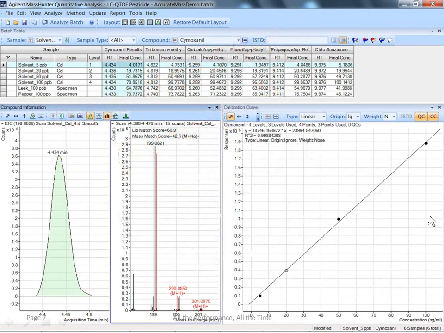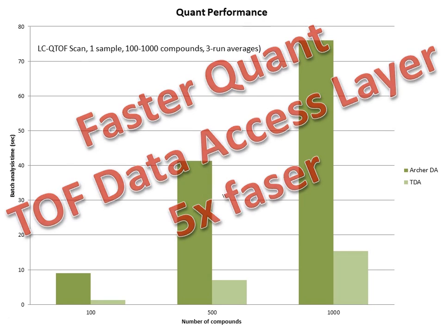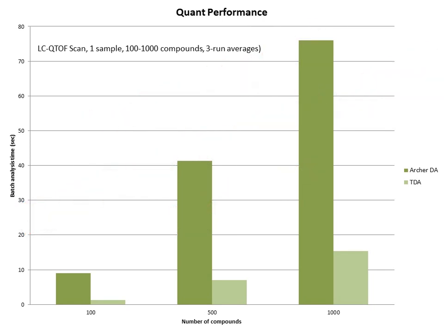So here we are looking at quantitation that we know and love, and moving on to unknowns. It's worth mentioning as an overview that we have a new TOF data access layer, which speeds up the quant analysis by a factor of 5.